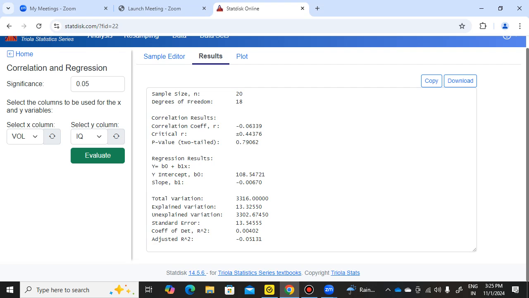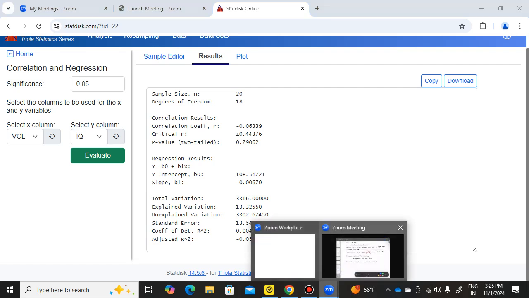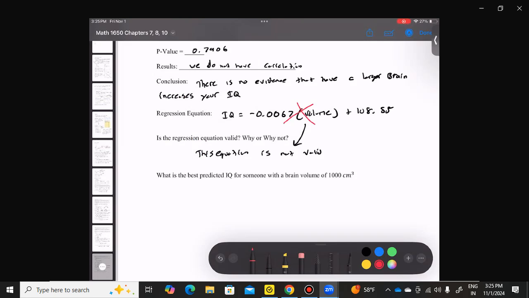However, this equation is not valid. Right. So kind of just ignore it. It's not important.